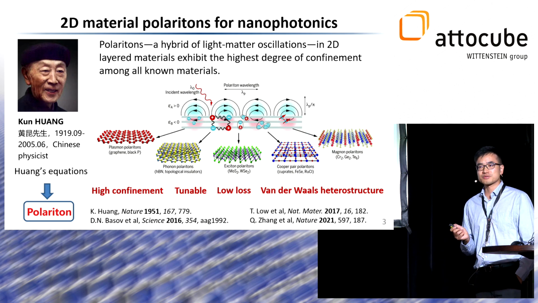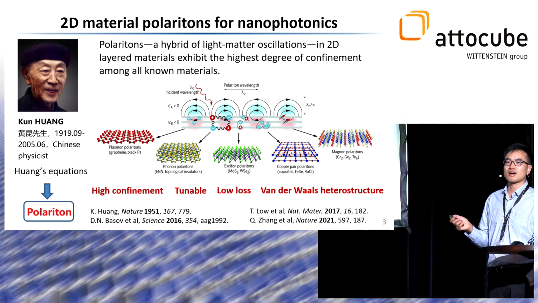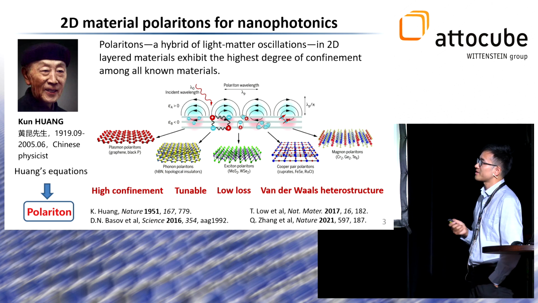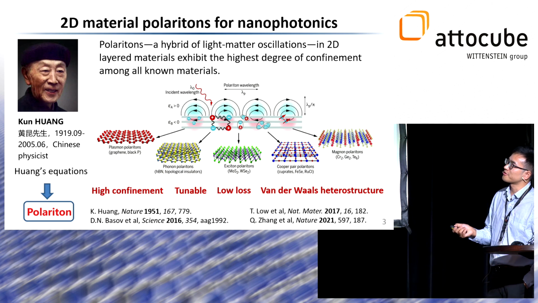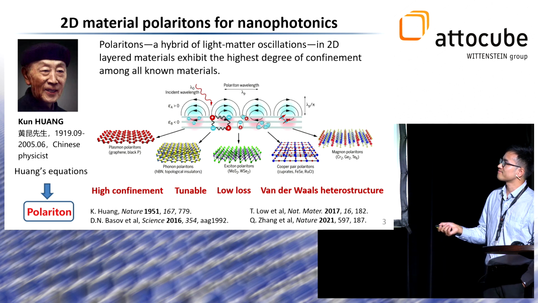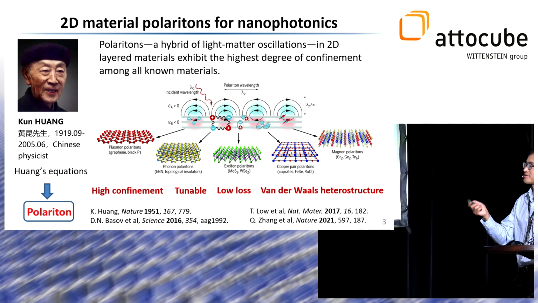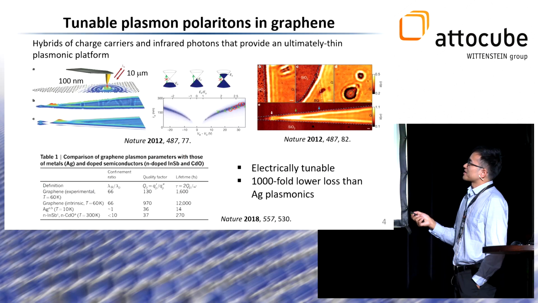But I just want to mention that the polariton concept is not new. I'm not sure if you all know that. It was first proposed by Kun Huang, a Chinese physicist, in 1951, in a Nature paper. Okay, so I just mentioned the history.